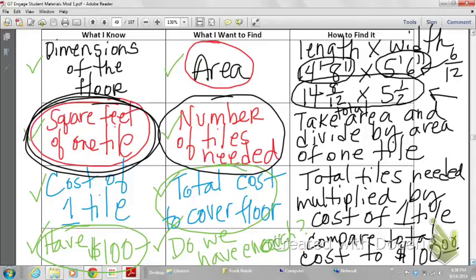Okay, so the next part of this project would be, if we were in a classroom right now, we would compare each other's plans with a partner, and then using the plans together, we would determine how much money we would need to complete the project, and also to figure out if we had enough money or not. So, in lieu of that, we are going to do this together.